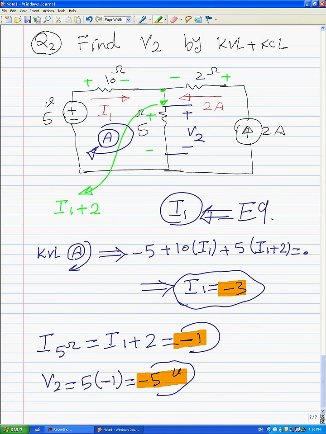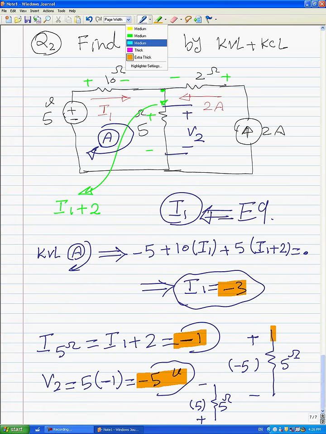Important note for the 5 ohms: for this positive and negative, we have voltage minus 5 volts. If we change the positive and negative for the 5 ohms like this, the voltage here should be 5 volts.